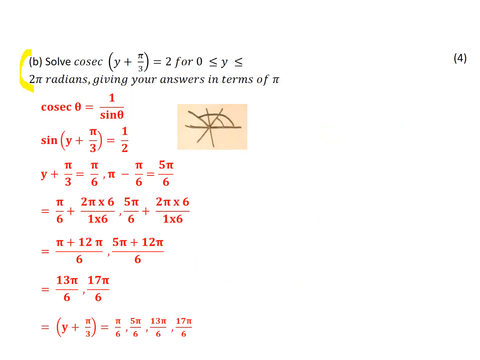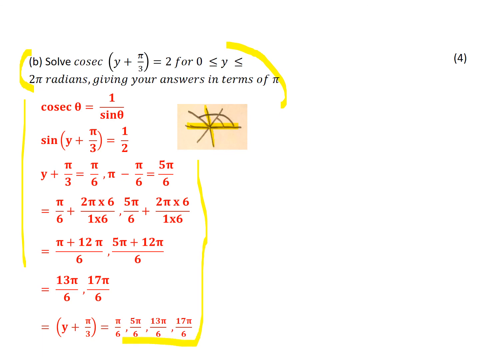Part B. Now this is also comparatively easier, as we have to solve this part, as you can see my working is shown over here. Now we will simply use the graph of sine and we will again solve it like this.